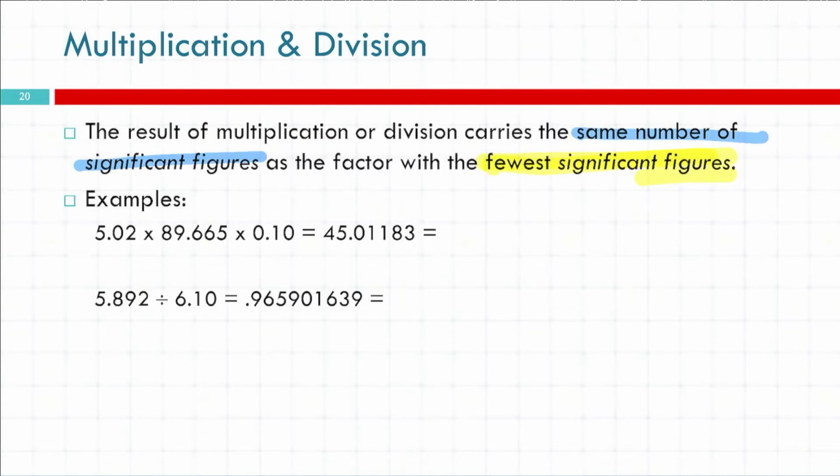So for this example, again, non-zero numbers. For 5.02, we have 5 and 2, and enclosed zeros, or zeros between two non-zero numbers, are also significant. So we have 3 there. For 89.665, they're all non-zero numbers, which makes it really easy.